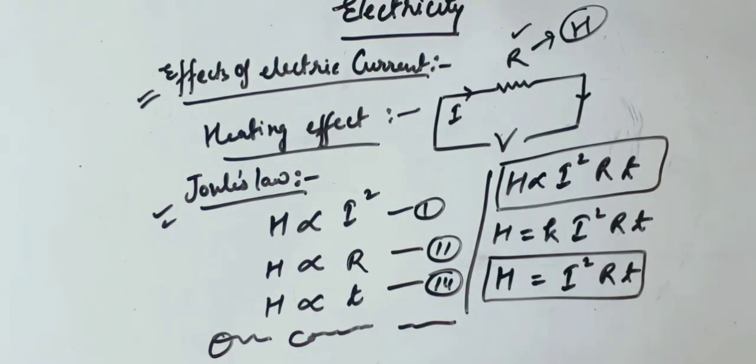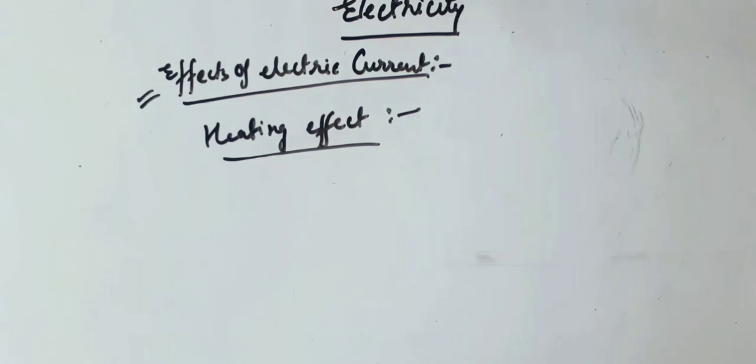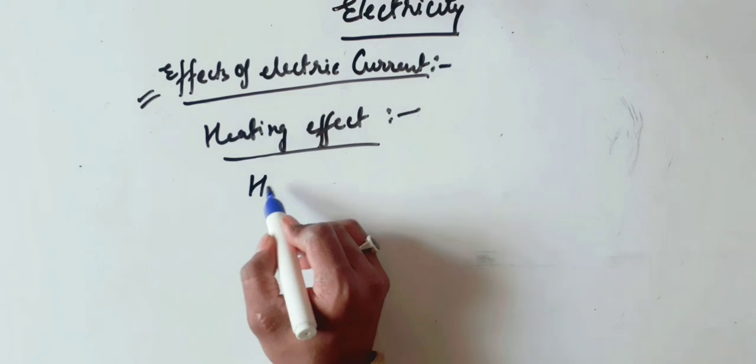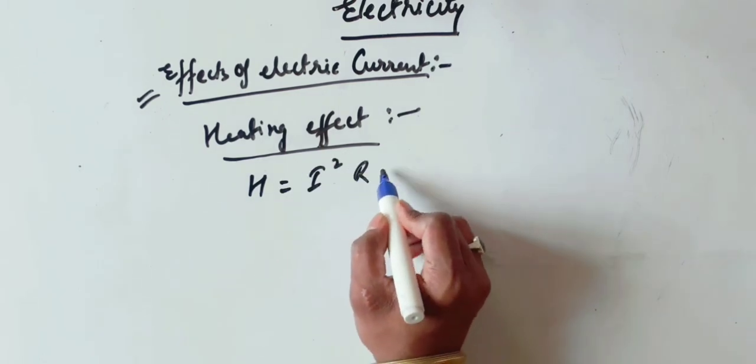According to this law, we can also derive some different formulas. As we know, heat is equal to I square RT.